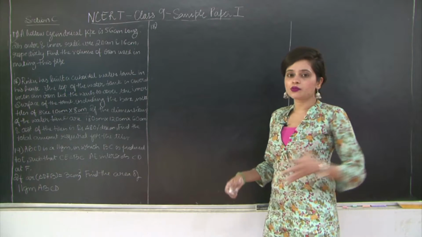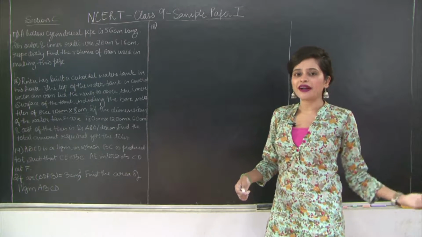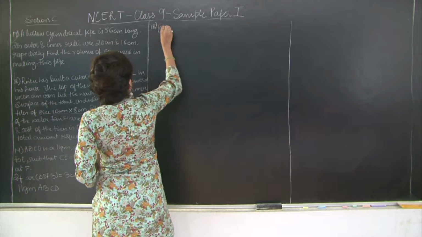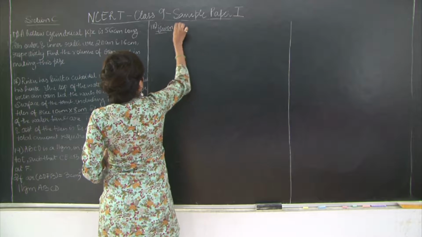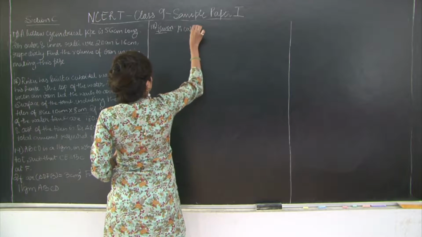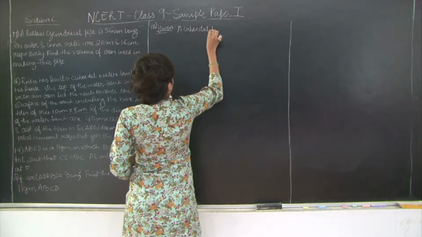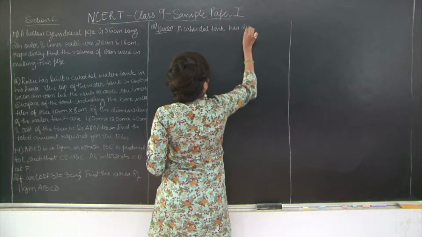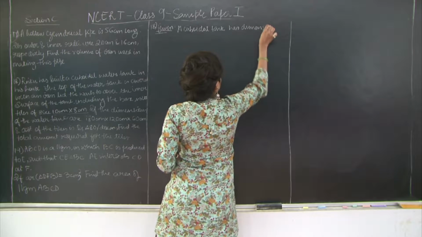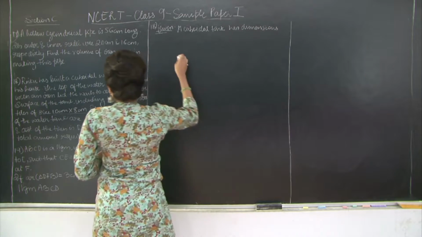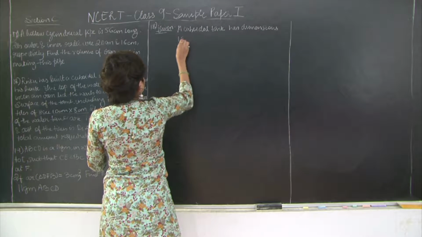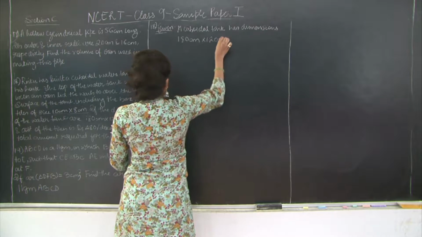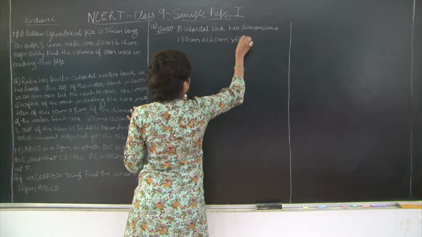So let's get started with the traditional way to find the solution and finally the answer. So I'll say given, a cuboidal tank has dimensions 180 centimeter into 120 centimeter into 60 centimeters.